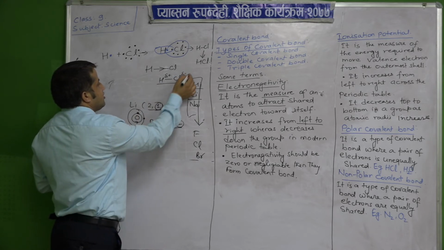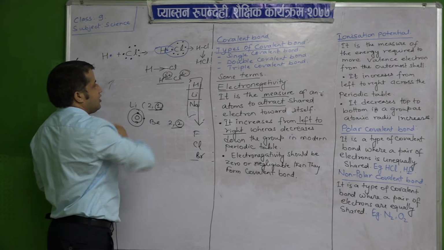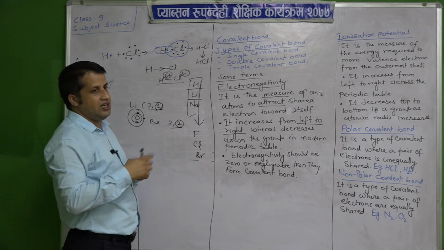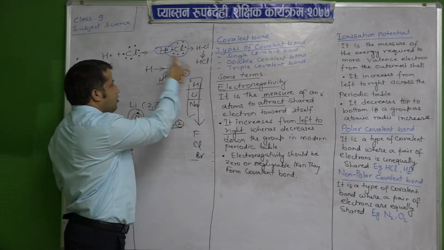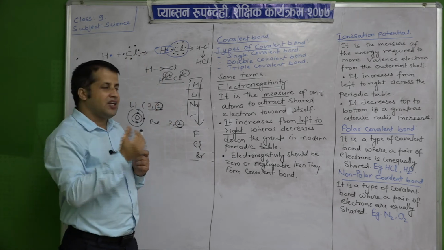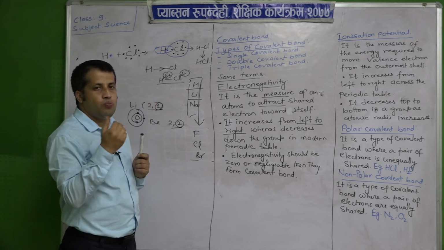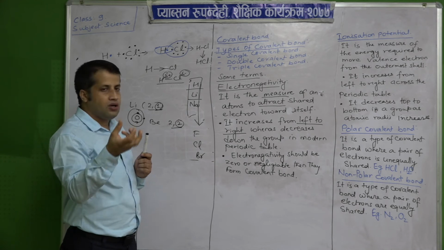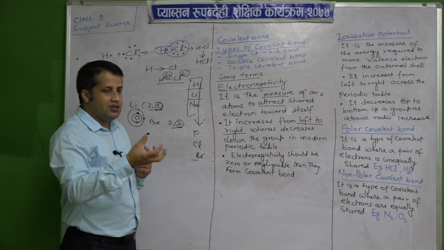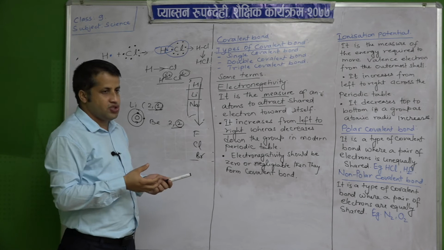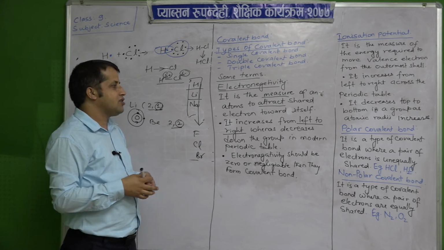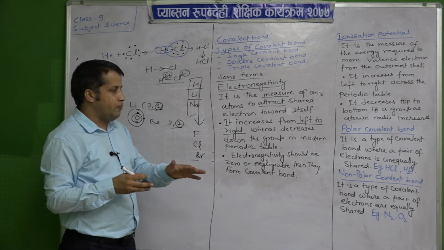So in this case, charges are created, and if two poles are created, positive and negative, that is known as polarity or a polar covalent bond, and the compound which shows this type of structure is known as a polar covalent compound.